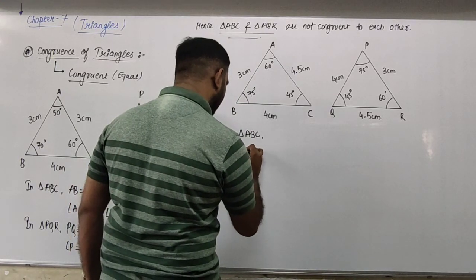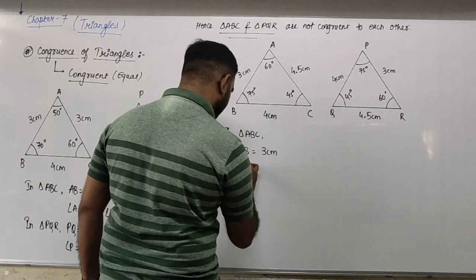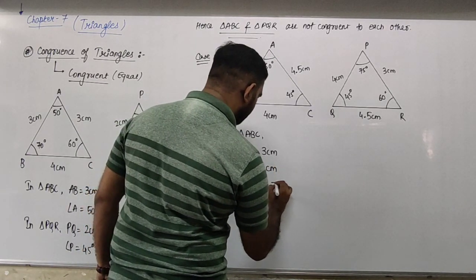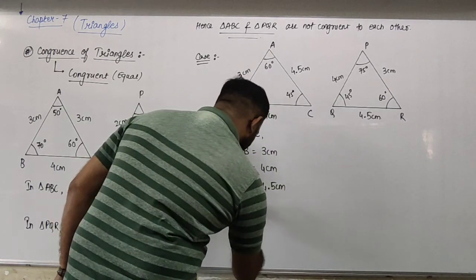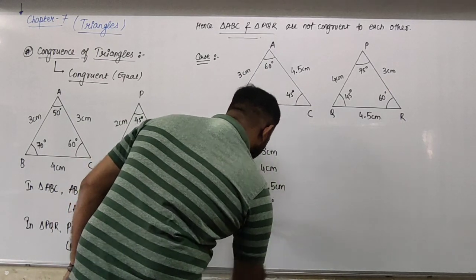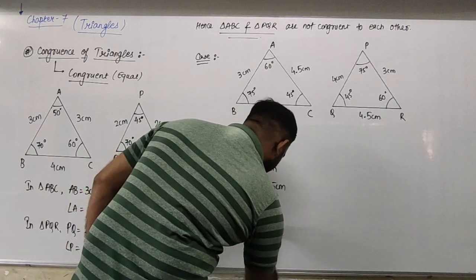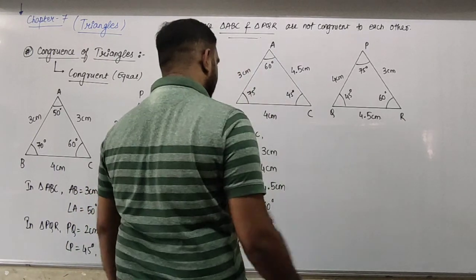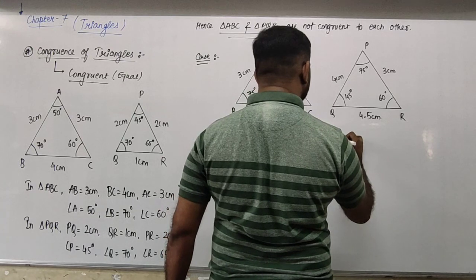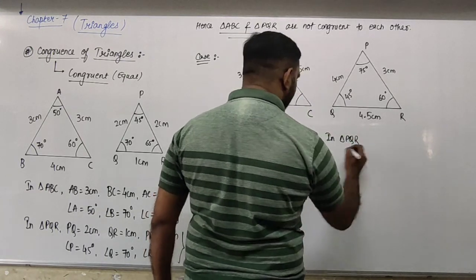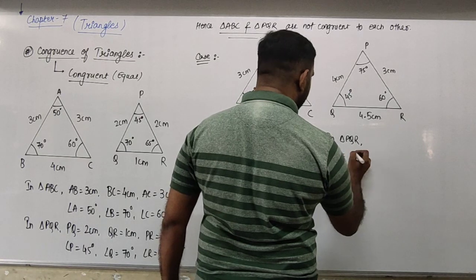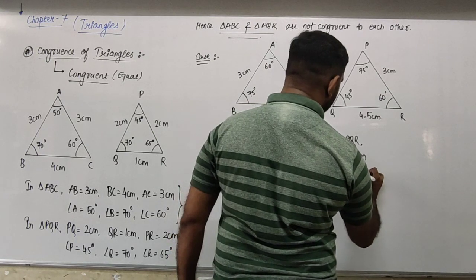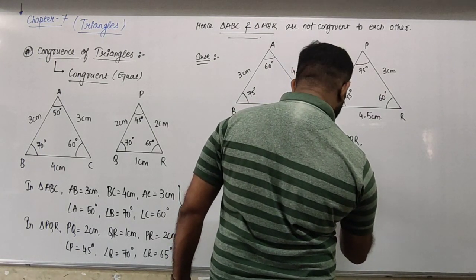AB, and in triangle PQR, PQ is equals to, QR is equals to, and PR is equals to.